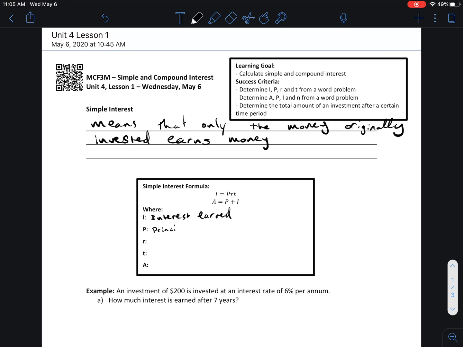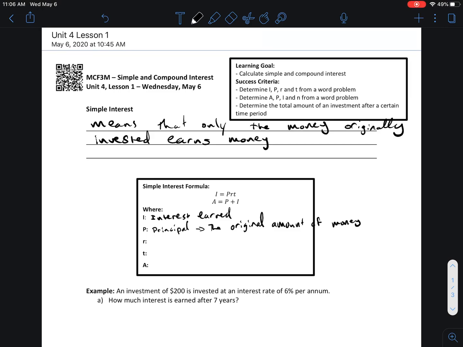And then P is going to stand for the principal, so that's the original amount of money.